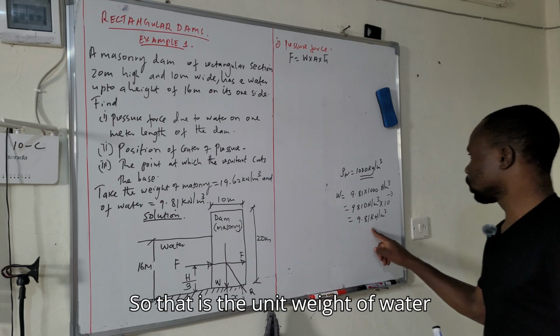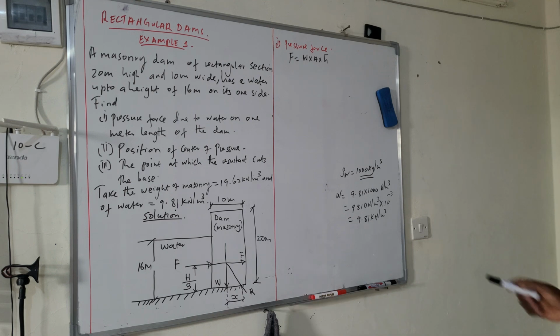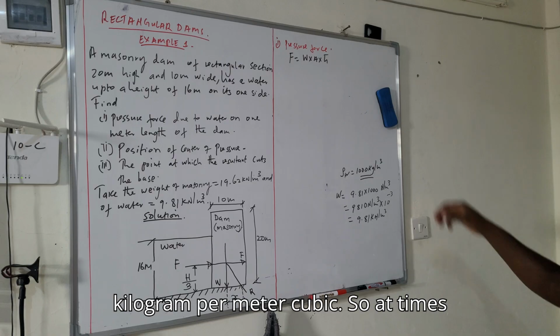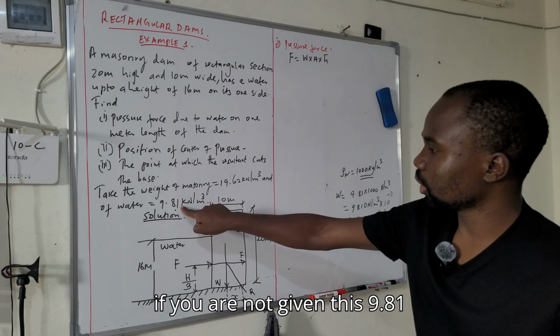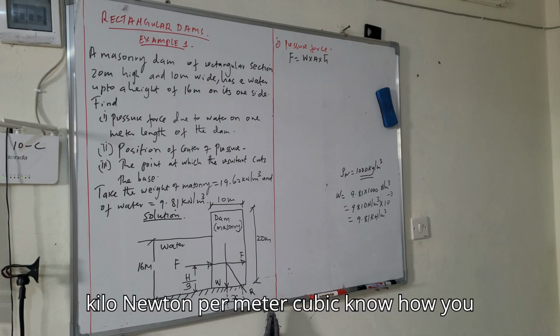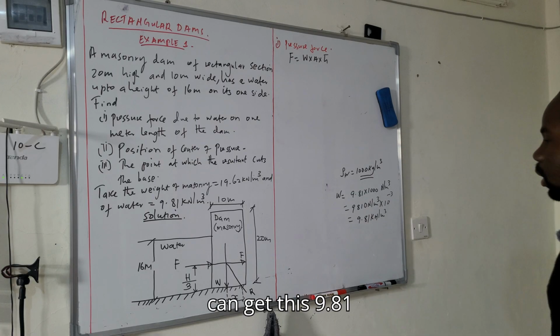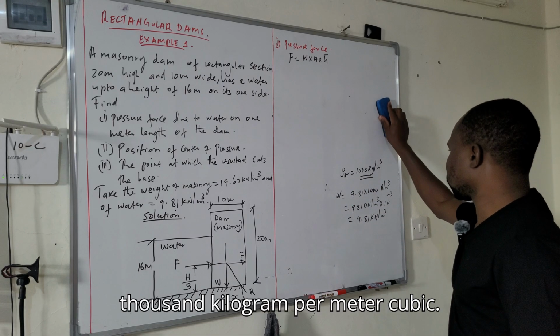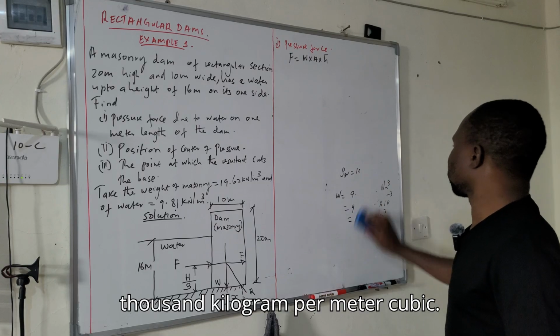So that is the unit weight of water from the density of water, which is 1,000 kilogram per meter cubed. So at times, if you are not given this 9.81 kilonewton per meter cubed, know how you can get this 9.81 from the density of water.